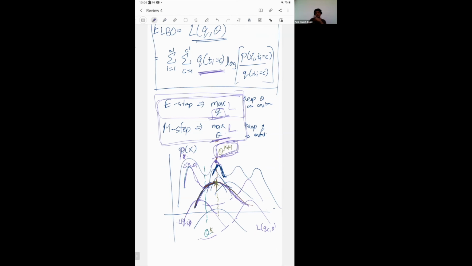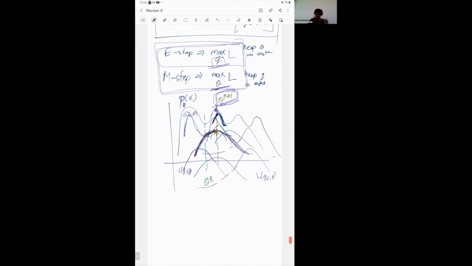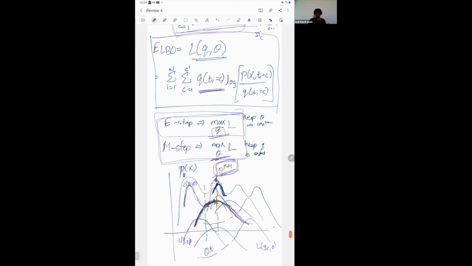I've been saying Q as a parameter, but in essence Q is some function, and we are moving in a functional space, choosing different functions and choosing the best function. Each Q is denoting some function, a probability distribution.